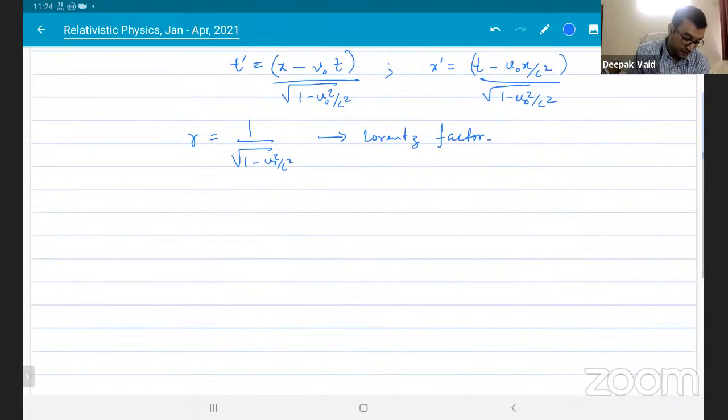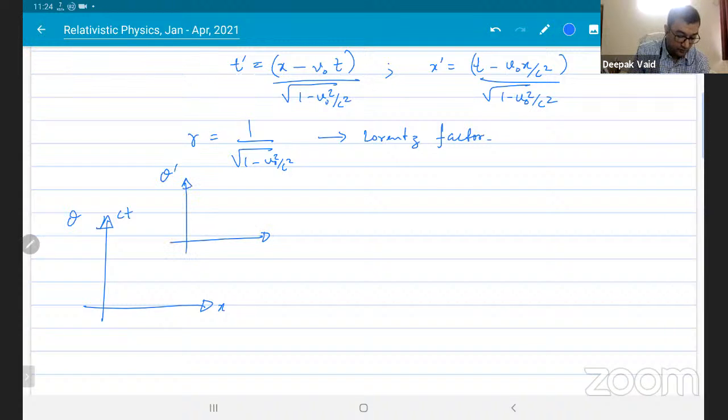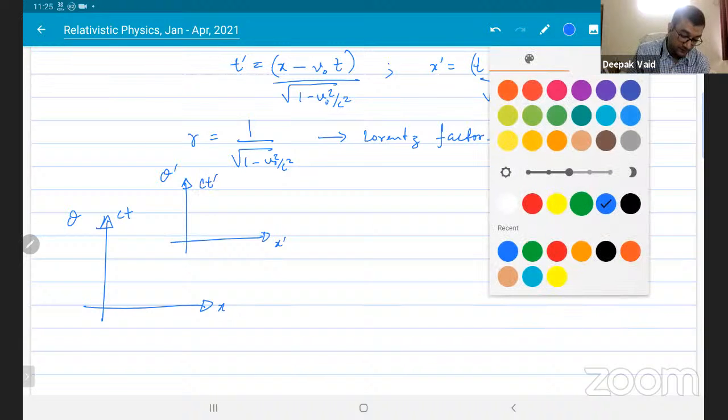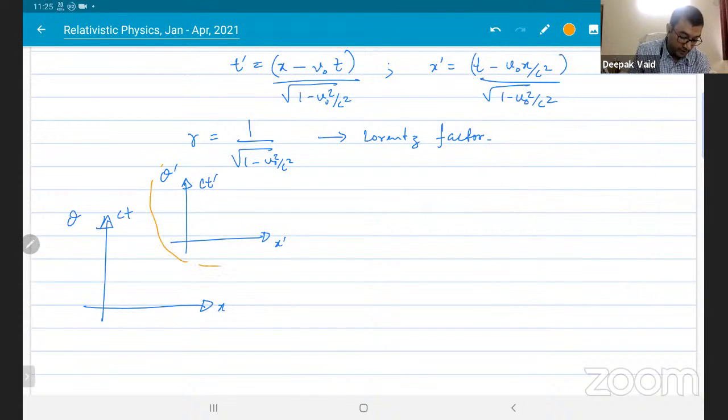So if you, for instance, say that you have some observer O whose coordinates are x, let's say ct, like this, and then you have some other observer O prime, and O prime is moving with some velocity v, and we assume that the x-axes of both of the observers are aligned for simplicity, right?